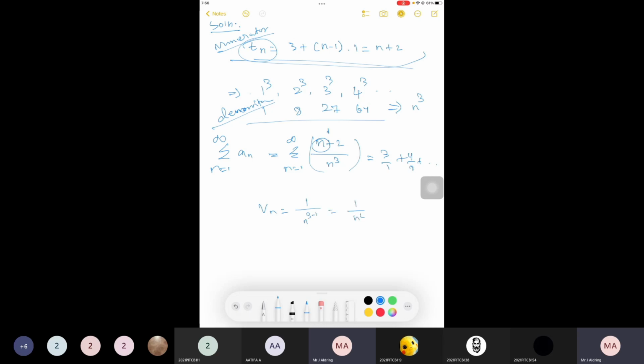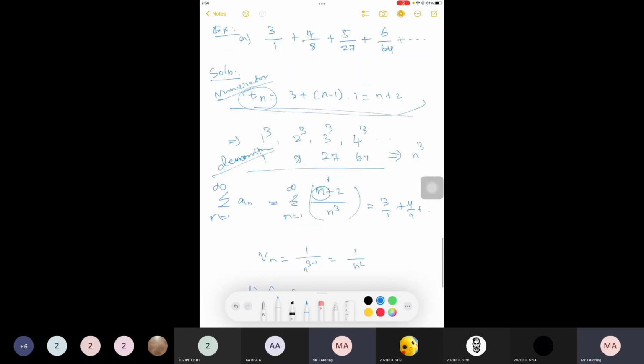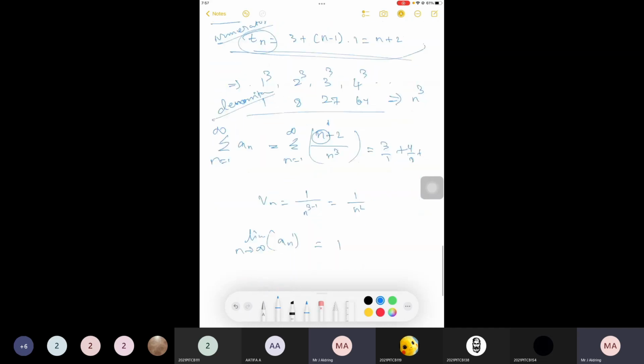Definitely it is non-zero and finite. If you apply the limit as n tends to infinity for that an over Vn, it should be exactly 1. Therefore, the series is convergent.